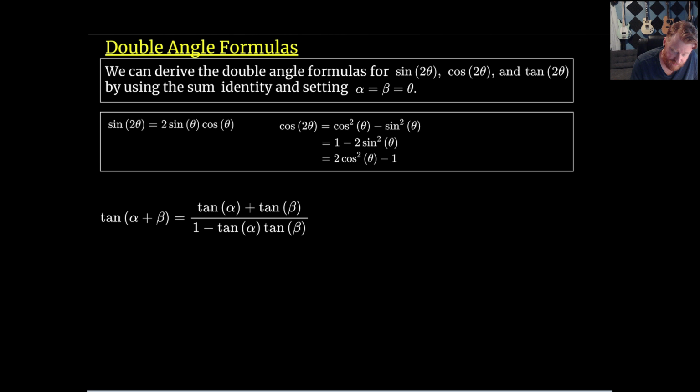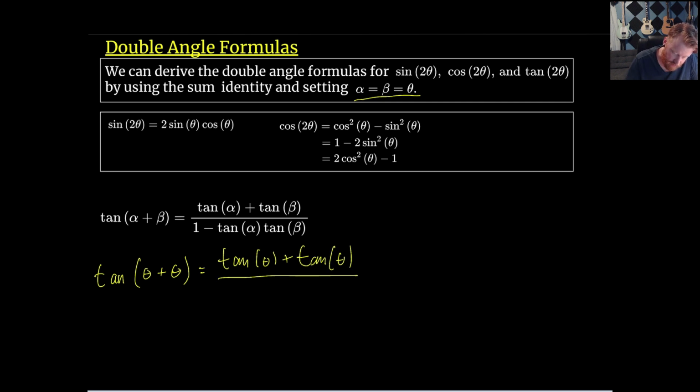Okay, and then for this last one, for tangent, we're going to use its sum identity, not its double angle. And again, we're going to let alpha be equal to beta equal to theta here. So I'm just going to be rewriting this as the tangent of theta plus theta. Plugging things in, we're going to get tangent of theta plus tangent of theta all over 1 minus tangent theta, tangent theta.